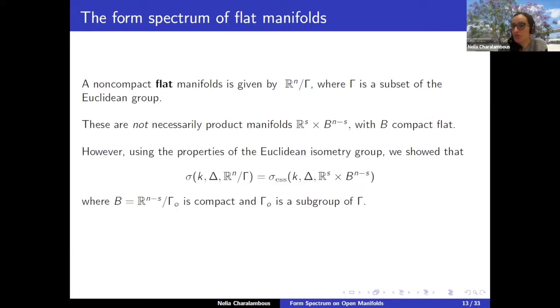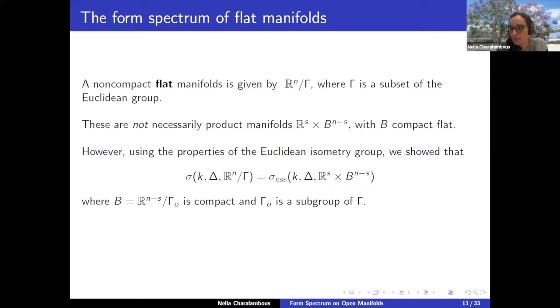However, using the properties of the Euclidean isometry group, we can prove that the spectrum of any flat manifold coincides with the spectrum and the essential spectrum of such a product space of some smaller dimensional Euclidean space times a compact manifold. I'm calling it here B.